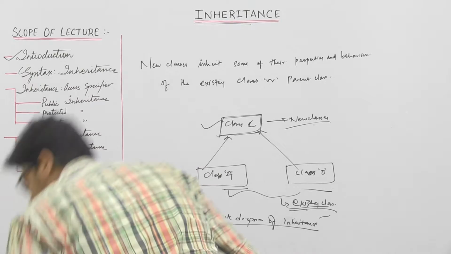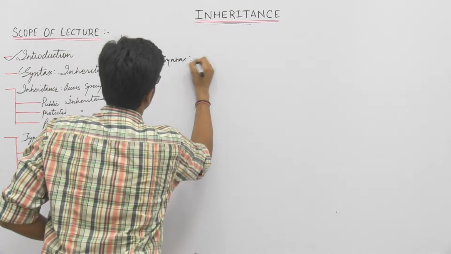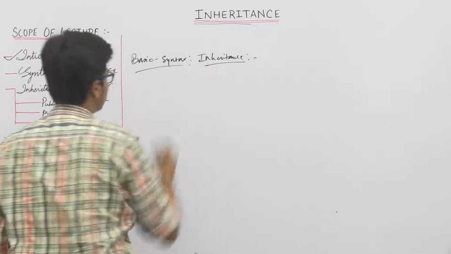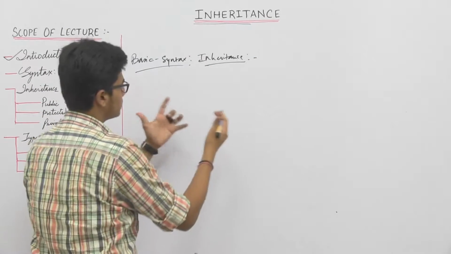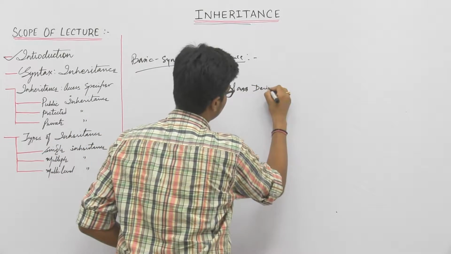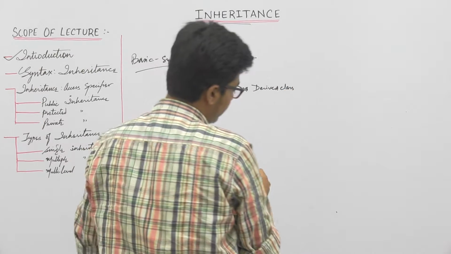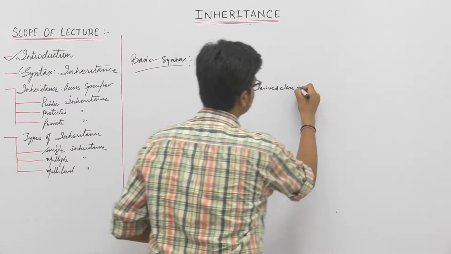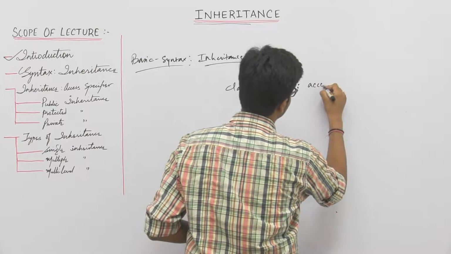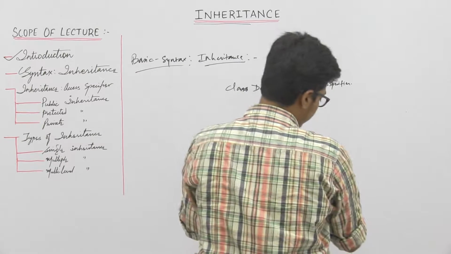The basic syntax: class, derived class name, then we define the access specifier, which we will study next, and then the name of the base class.